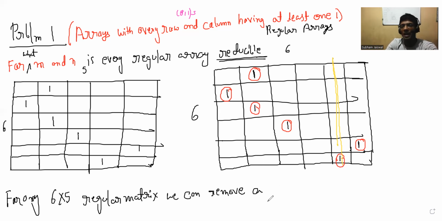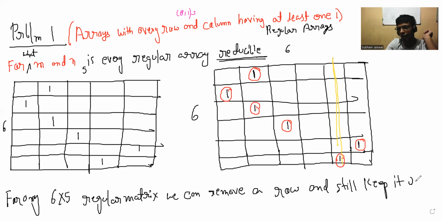I mean, that is possibly also true, but I'm just saying, is that true? That I think is not true, but at least this is true, right? We can remove a row and still keep it regular. Not hard to guess. How?